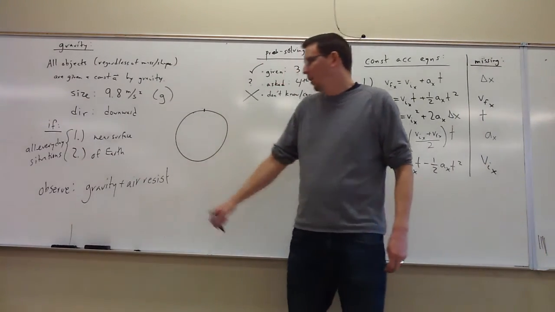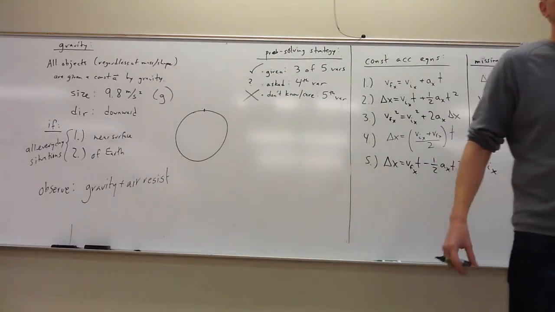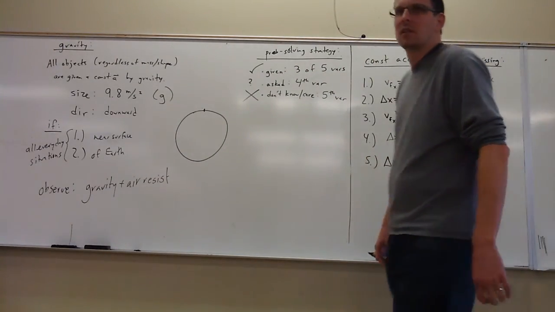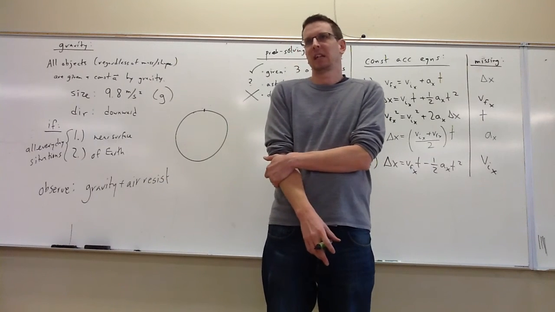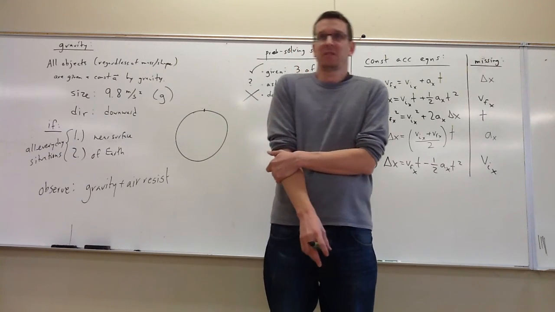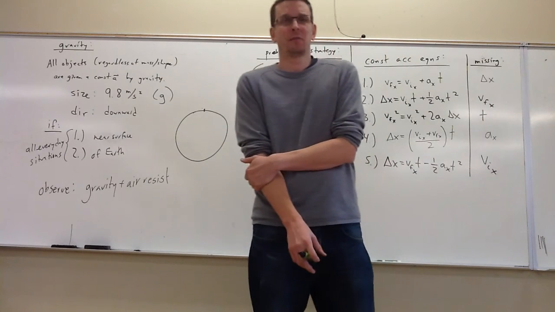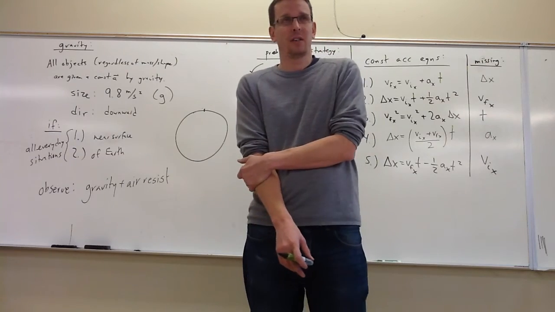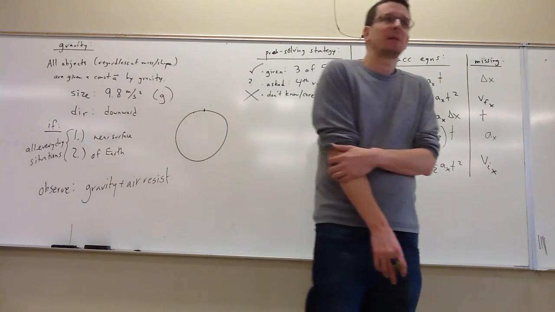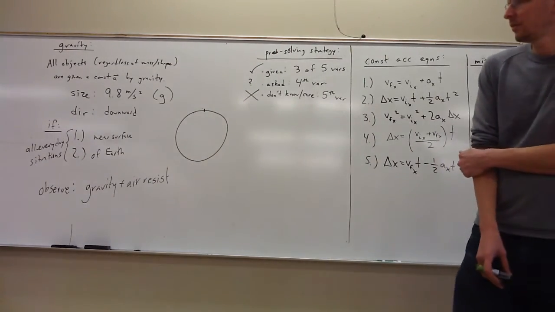Okay? Air resistance can be a significant or even dominant influence on something like a feather. Maybe you've noticed a plastic bag blowing around and rising into the sky. That's obviously not gravity, right? So air resistance can be significant, okay?